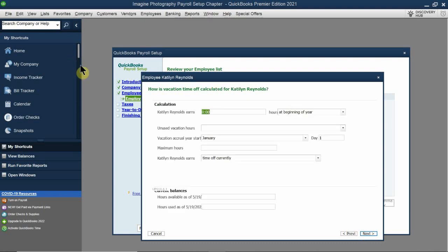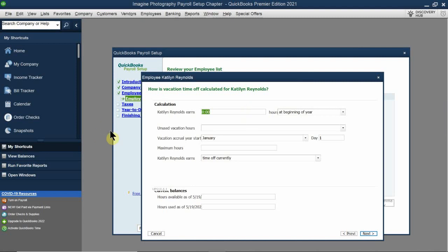So now it's going to ask me how I'm going to be calculating things. The first one is calculating Caitlin Reynolds' earnings. How many hours can she earn for her vacation?